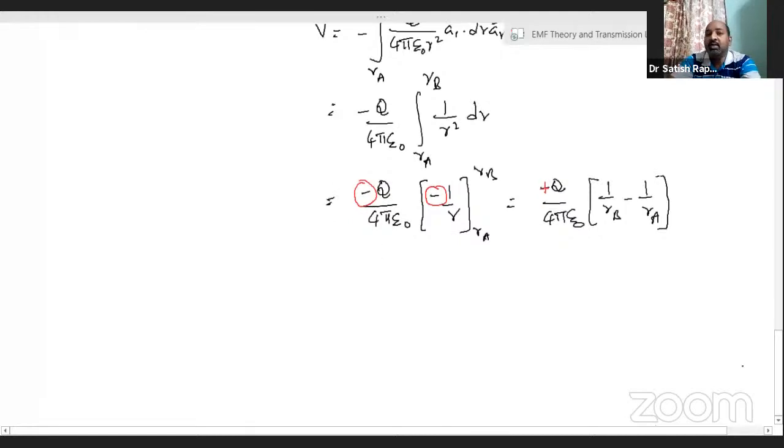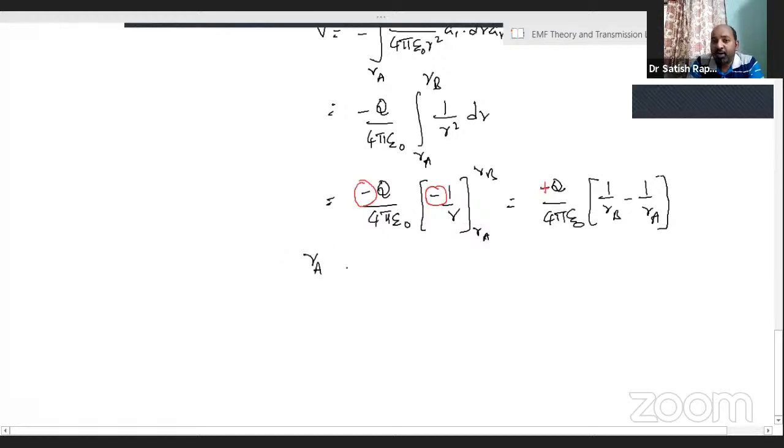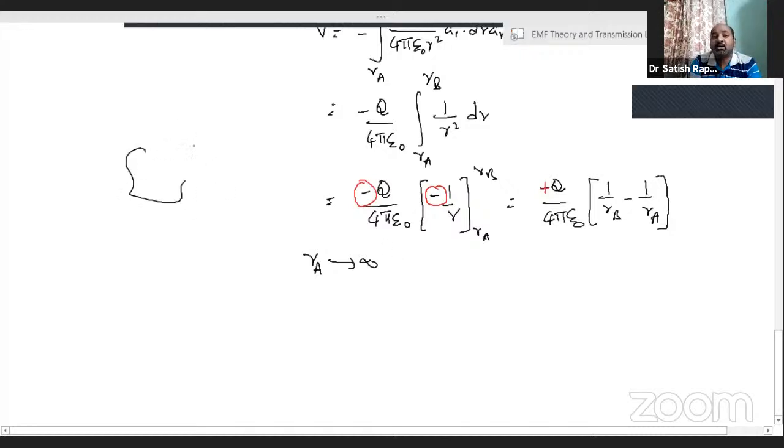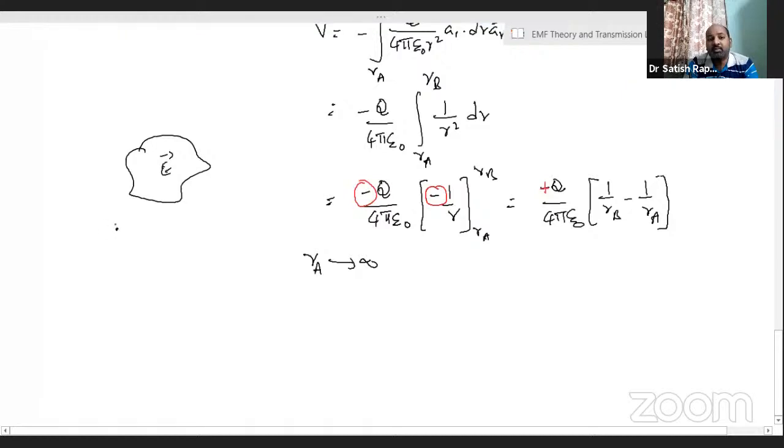And here let us assume that we are moving from the initial point at infinite distance. Let us say this is the electric field, and this is the infinite point, where there is no electric field.